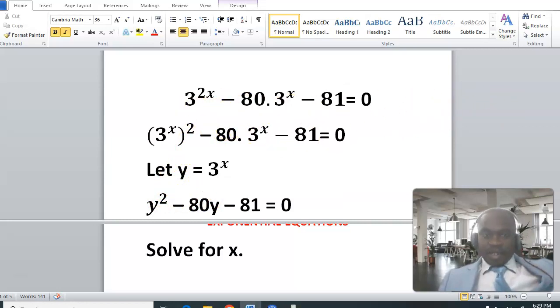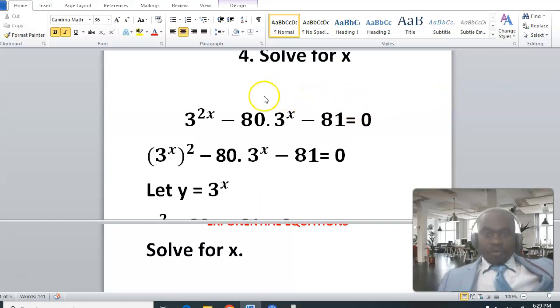Let's look at the question again. Let's go back. We are solving for x. This is the question. And we said 3 exponent 2x is the same as 3 exponent x times 2. Because the 2x is an exponent. 2x is the same as x times 2. So here we are going to have 3 exponent x times 2.